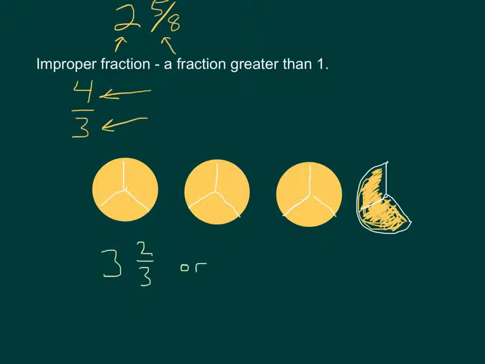Or we could write it as an improper fraction where we have 1, 2, 3, 4, 5, 6, 7, 8, 9, 10, 11 thirds. Okay, mixed number, improper fraction.